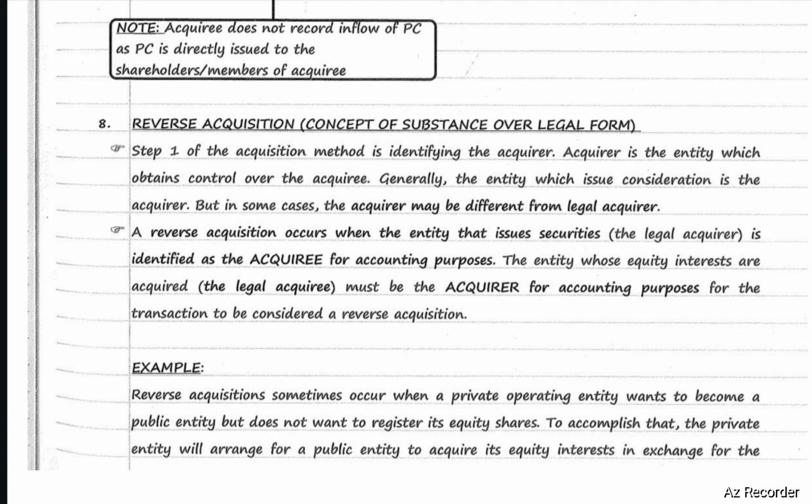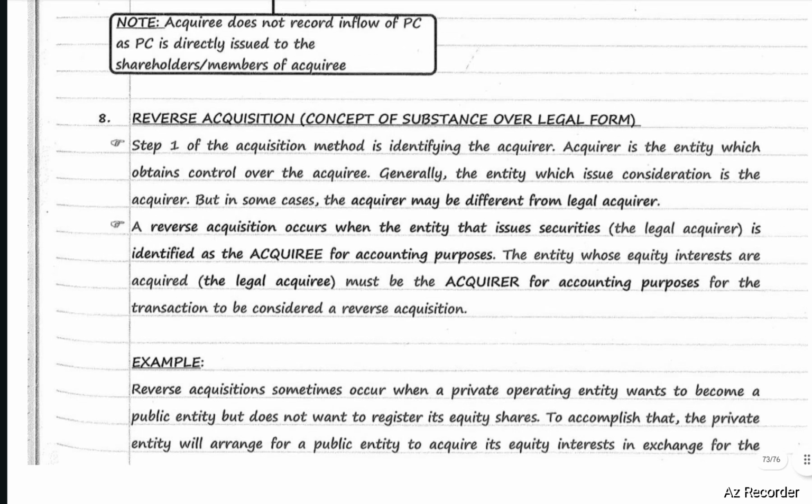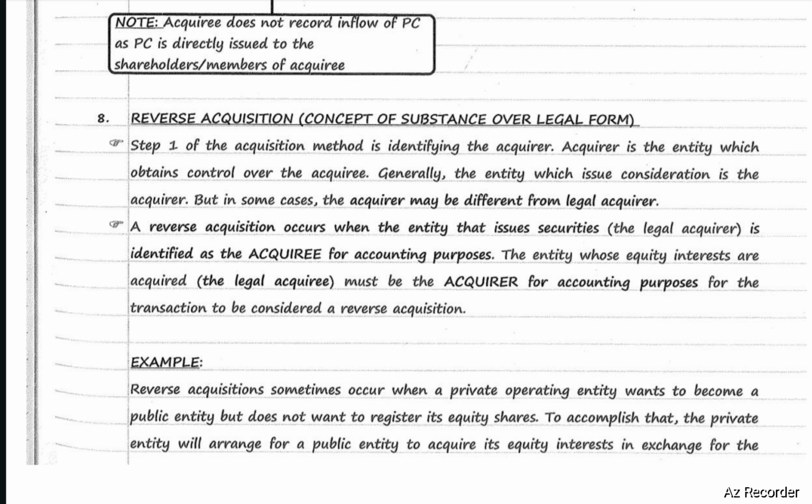Example of reverse acquisition. Reverse acquisition sometimes occurs when a private operating entity wants to become a public entity but does not want to register its equity shares. To accomplish that, the private entity will arrange for a public entity to acquire its equity interest in exchange for the equity interest of the public entity.